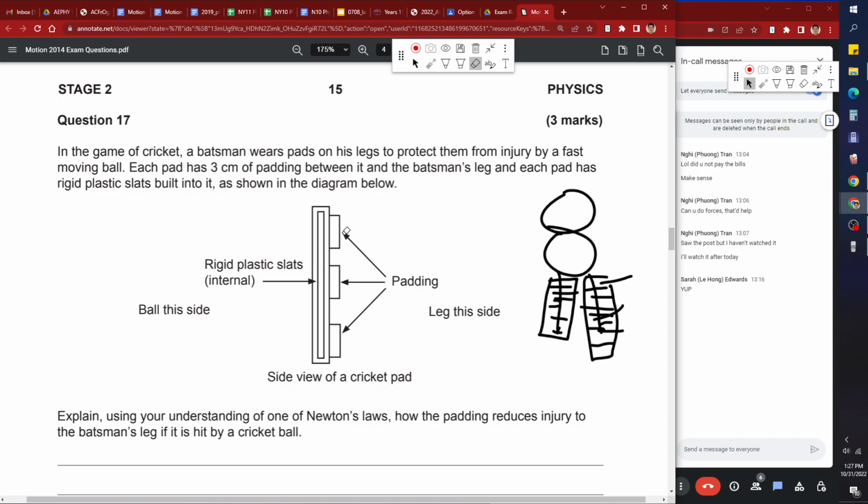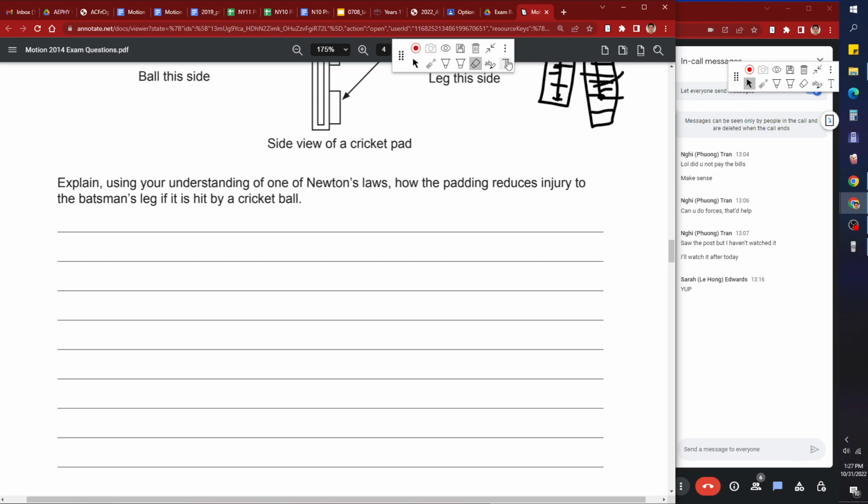It compresses, it gets smaller, and it takes time for it to do that. So the force of the ball hitting this will increase the time. So this is actually Newton's second law. Okay?